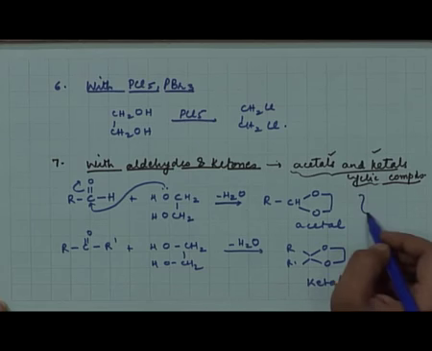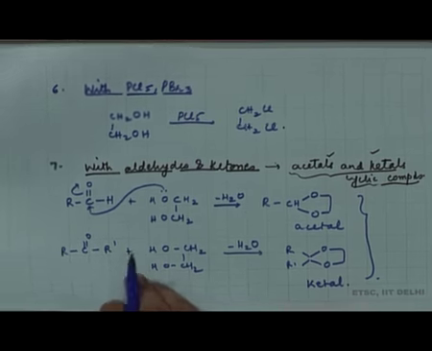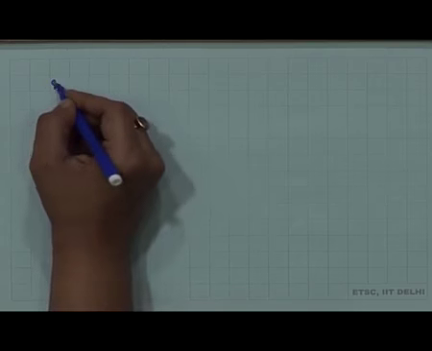Okay, so, these are important reactions because this is one of the ways in which an aldehyde and ketone can be protected. So, it is used in protection deprotection strategy.